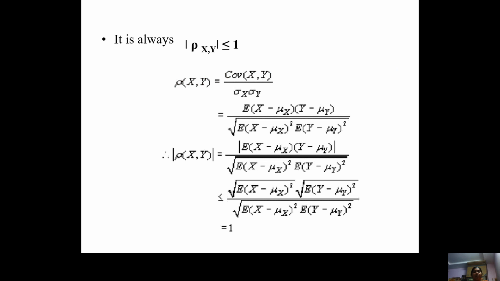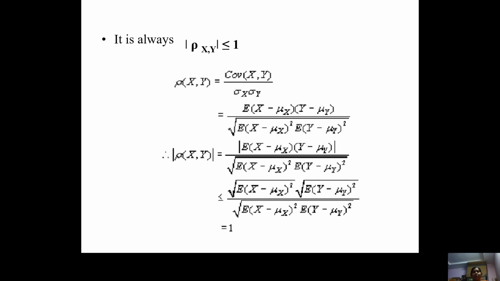And we have one more property, which is that the modulus of rho of xy is always less than or equal to 1. So let us prove this. Rho of xy equals covariance of xy divided by sigma x into sigma y. Covariance can be written as E of (x minus mu x)(y minus mu y), which is nothing but the expectation.